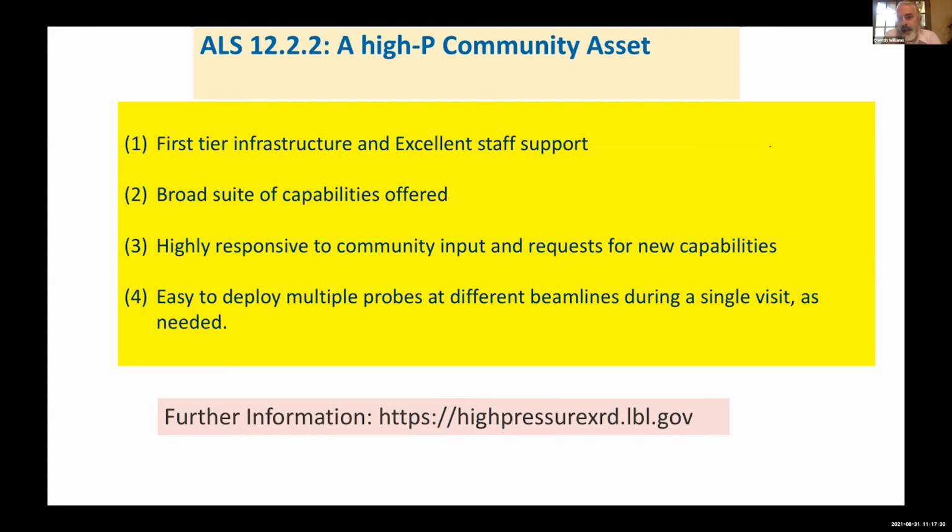But what we are doing is making the first steps, the precursory steps that are necessary before we move towards the extraordinarily challenging techniques of, let us say, doing radial diffraction at simultaneous PT conditions of the inner core itself. That is, of course, the ultimate goal, because after we're done with that, we can all go home, I guess, and say we totally understand anisotropy in the inner core. So, very good. Thanks for the question. That was actually a very important and timely question.